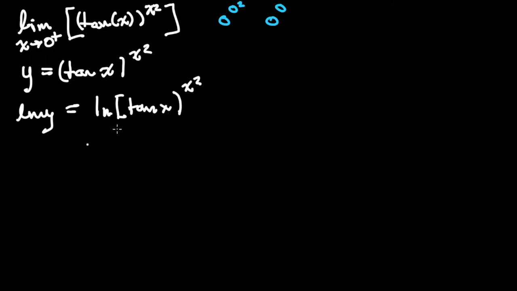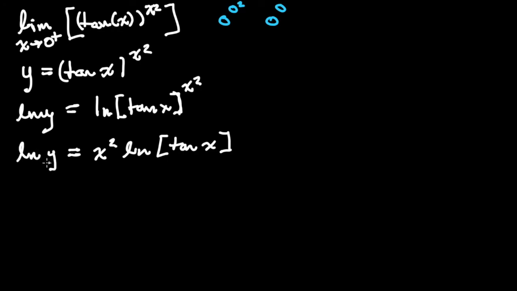And then our next step, I'll make this a square bracket, just to be clear, was to bring this x squared out in front. So we are going to have x squared ln of tan x. And on this side, we still have ln y.